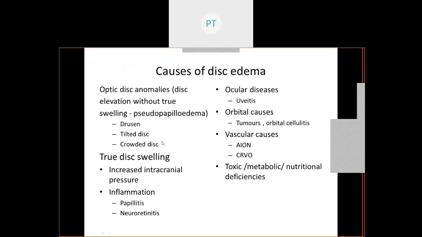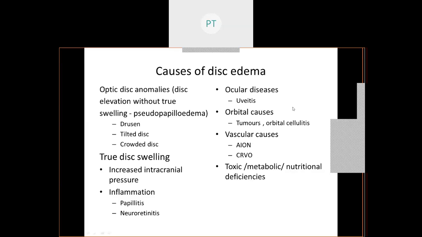Then the causes of true disc swelling are an increase in intracranial pressure, then any inflammation like papillitis, neuroretinitis, any ocular diseases like uveitis, then any orbital causes like tumors or orbital cellulitis, any vascular causes like AION, CRVO, any toxic causes, any metabolic causes, any nutritional deficiencies.